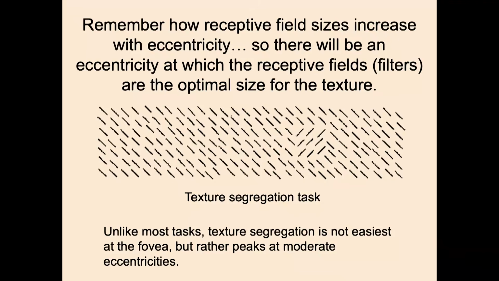Distance from the fovea, yes, exactly. So when you're at the fovea, the receptive fields tend to be small, and then as you move away from the fovea, they get larger. That's true in the retina, and it's true in the visual cortex. So receptive field sizes increase with eccentricity.